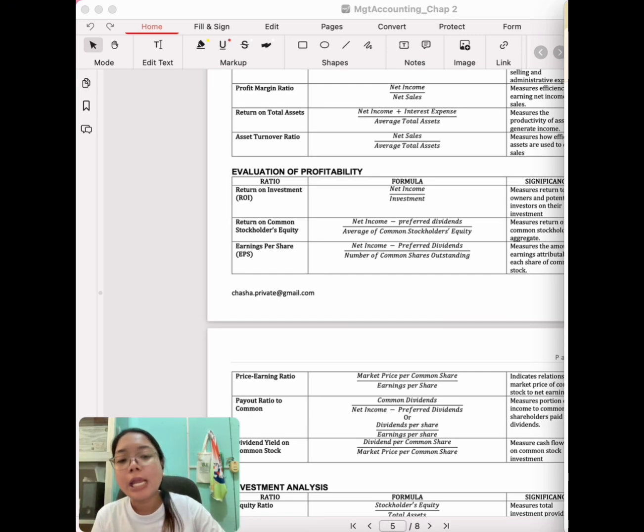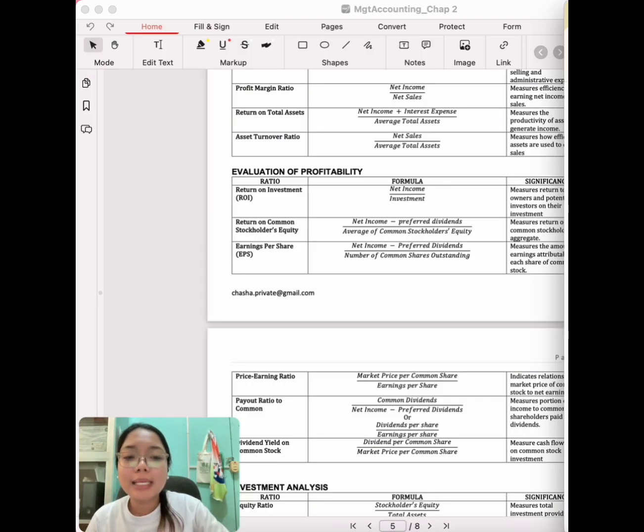For example, if yung income na available sa common shareholders is 1 million pesos and there are 100,000 common shares, yung ating EPS dyan ay paano natin i-compute? 1 million divided by 100,000 is equal to 10 peso na EPS. So, approximately 10 pesos of earnings is attributable to each common share. This is important to investors because it helps them evaluate the company's earnings on a per-share basis.